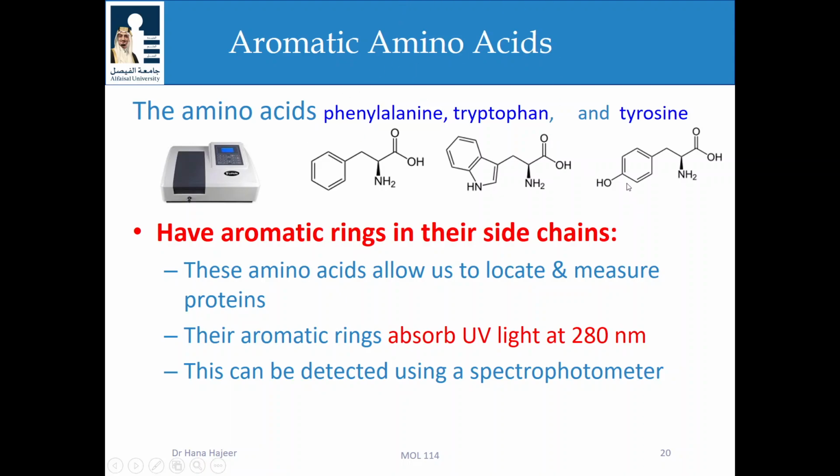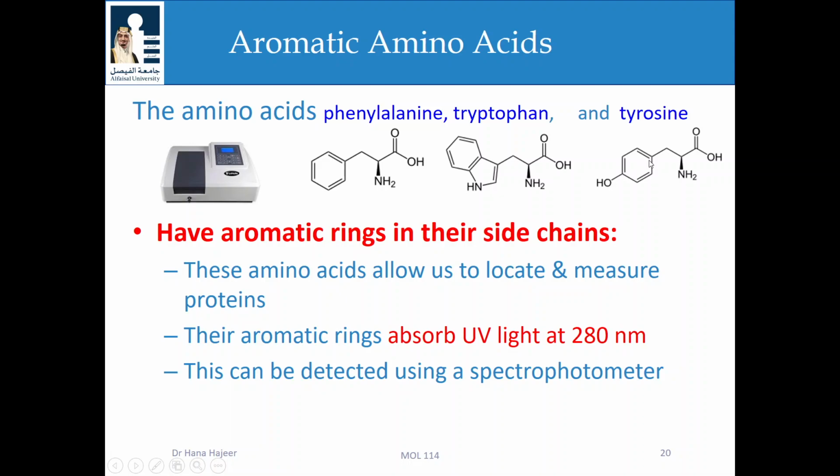Actually, if you look at them, two of them look exactly like each other with a small difference. Which two? Look at them. Which two are exactly the same except for an OH? Yes, phenylalanine and tyrosine, they are exactly the same except for the OH.